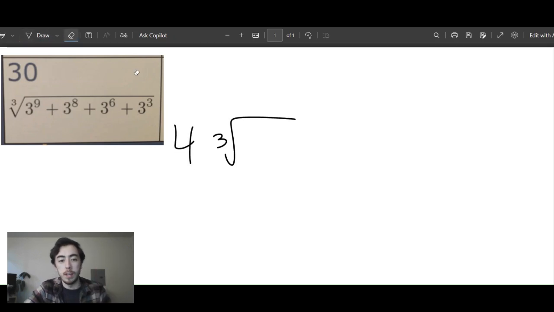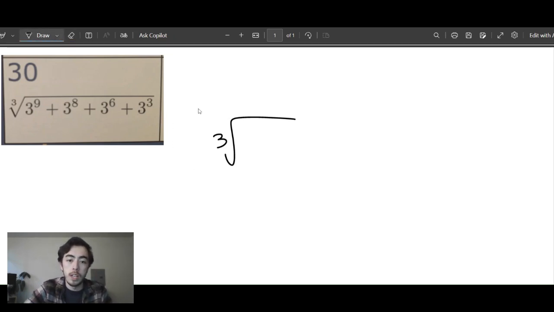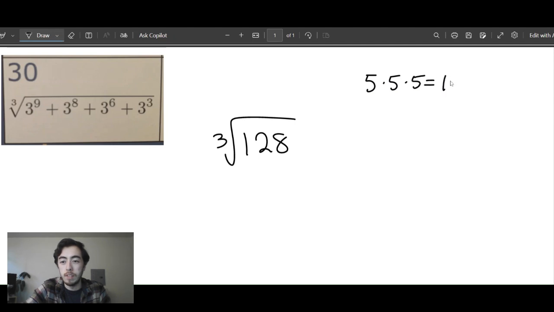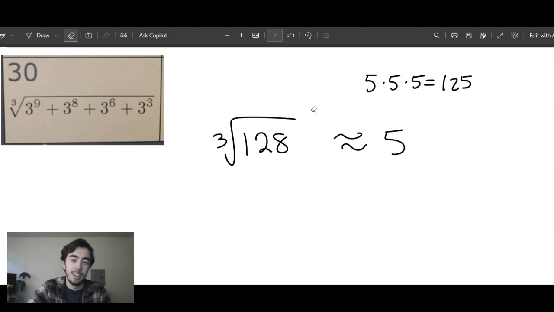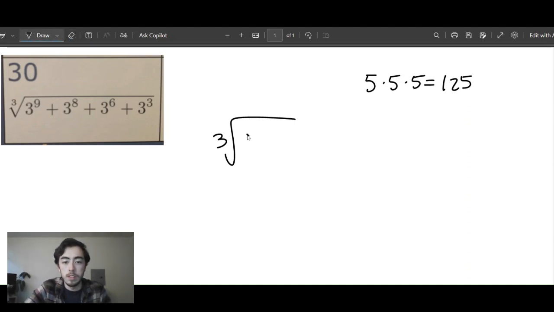And this way of thinking about cube roots is really useful if you're trying to find maybe a simpler version of, say, the cube root of 128. This is going to be really, really close to 5, because I know that 5 times 5 times 5 is 125. So this is almost 5, but not quite. And another way to do this is to do some factoring. I know that 64 times 2 is the same as 128.